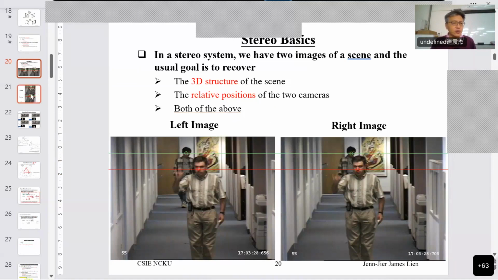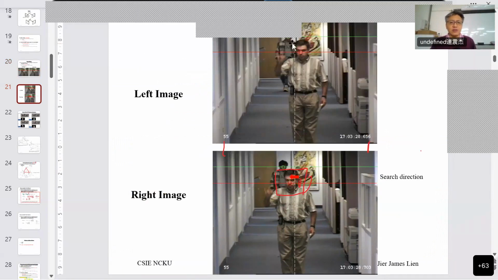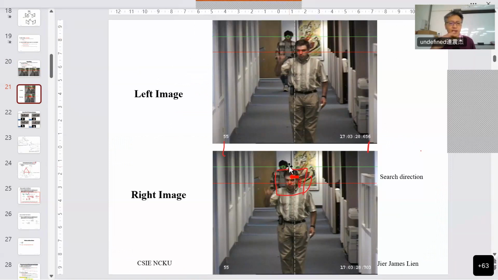So in the left side, for the corresponding point to this position, you will search in the right side image, from right to left. However, you should give it a search range. At this point, if you come here, you'll find the corresponding point should be at your left-hand side.